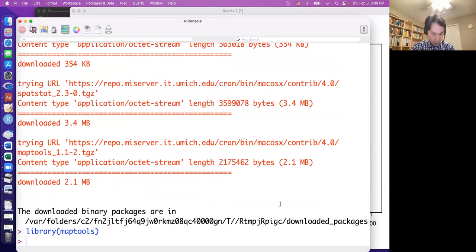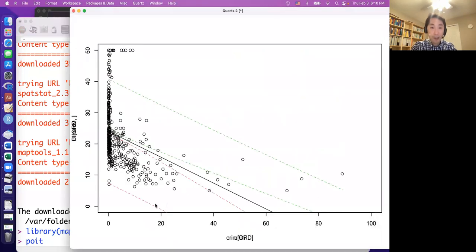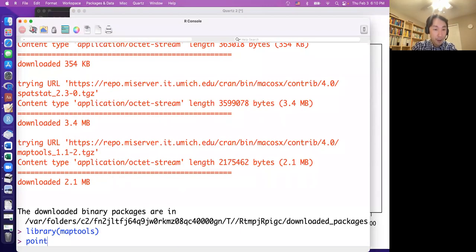Then we can plot. I think the point labels, we have already the graph. So point labels, x crime rate, the max. We want to plot just the 3 observations. If we plot everything, it's too crowded.